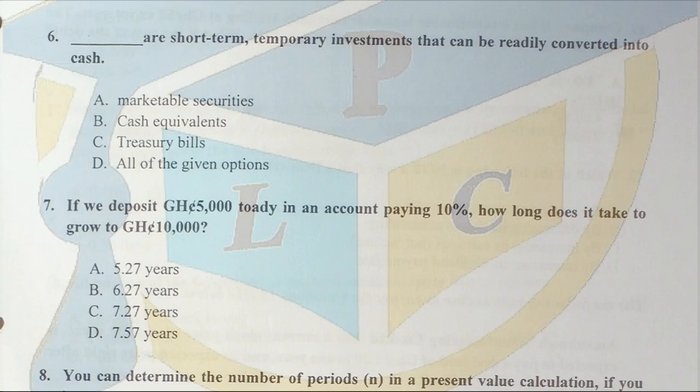Cash. Not all marketable securities can be easily converted to cash, but some of them can be easily converted into what? Cash. So here, the marketable securities, sorry, we are talking about the ones that can be easily converted into what? Cash quickly. So here, all the given options are true. So it's going to be what? All the given options. So let's take note of that.